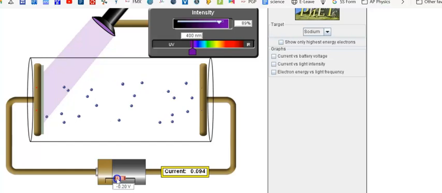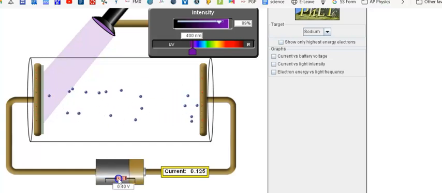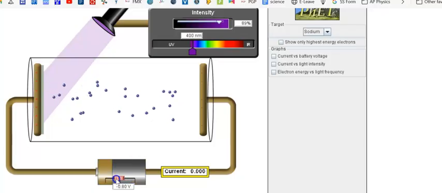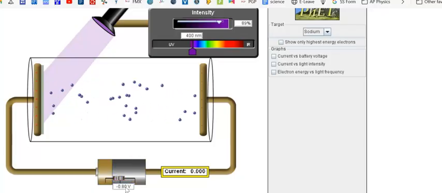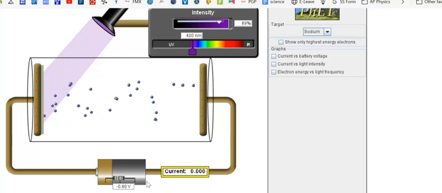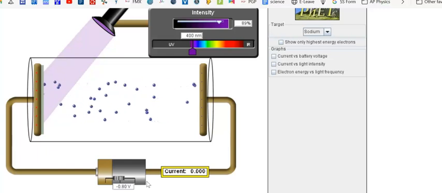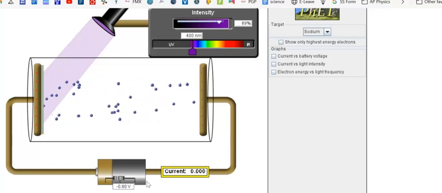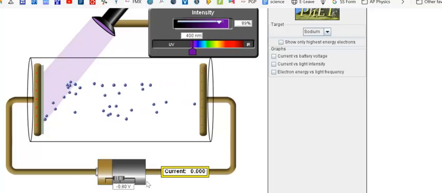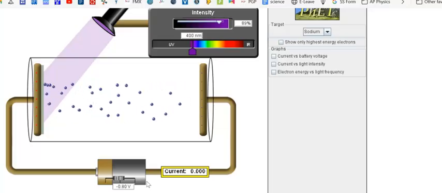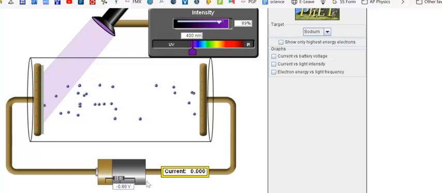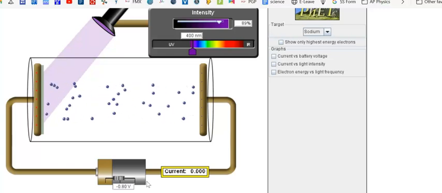Not quite there yet, maybe a little bit more. So there it is, right about negative 0.8 volts. That's the potential that causes the electron to just get here, but not quite get to this plate, and that's why there's not going to be any current. All of their kinetic energy that they've lost is equal to the potential energy of this field.